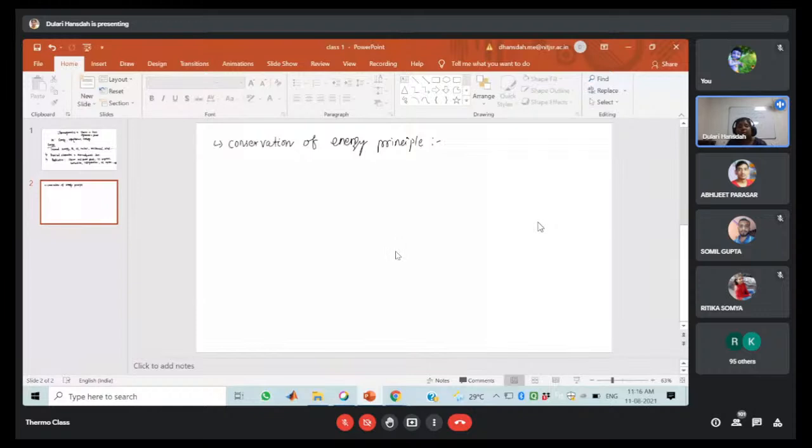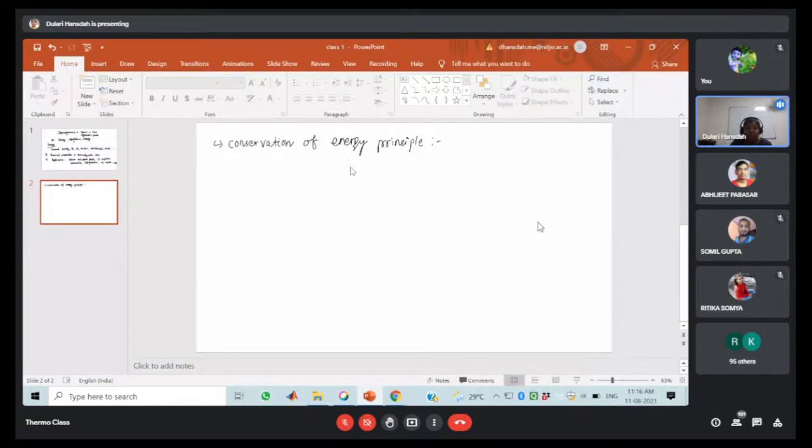What is the conservation of energy principle? I think all of you have this idea. The conservation of energy principle means energy cannot be created or destroyed. So it is always in a balanced situation.